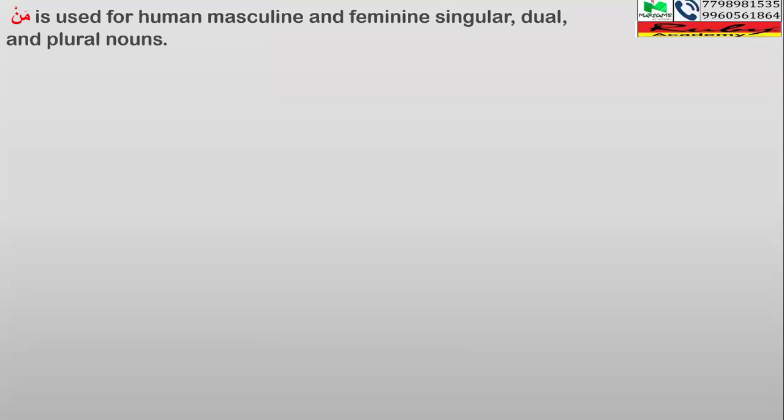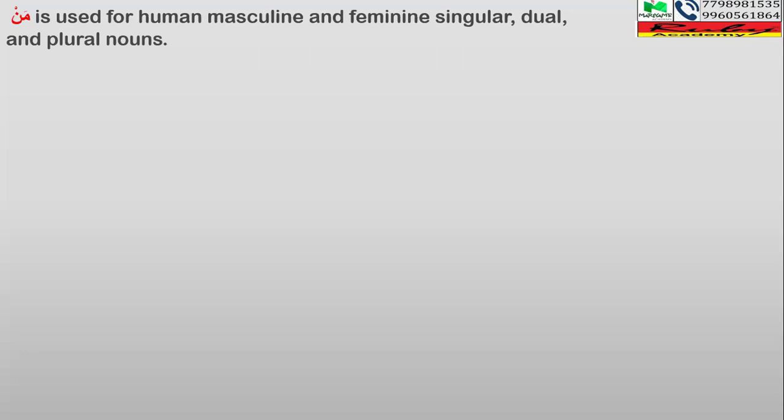So here we are using man and ma as relative pronouns. But there is no condition here about the numbers. Man is used for human masculine and feminine, singular, dual, and plural forms. There is no condition about the numbers, like we have learned about allazi, allazani, allazina.